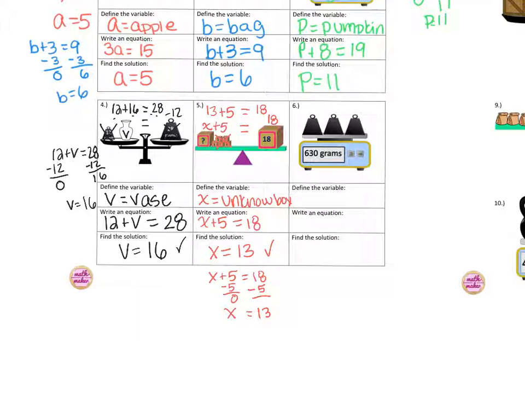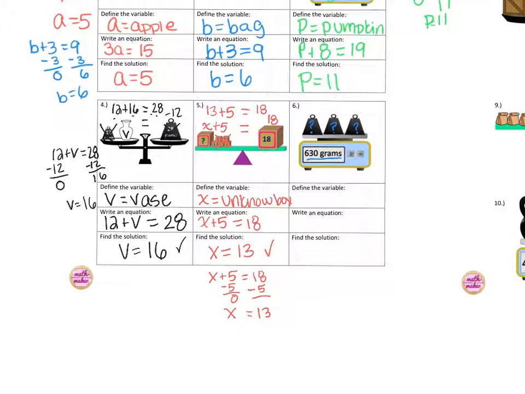All right, and for our last one here, number 6, we have 3 different weights, and we don't know how much each of these weights weigh, but we do know that they're the same size. We know that the total weight of the 3 weights is 630 grams.